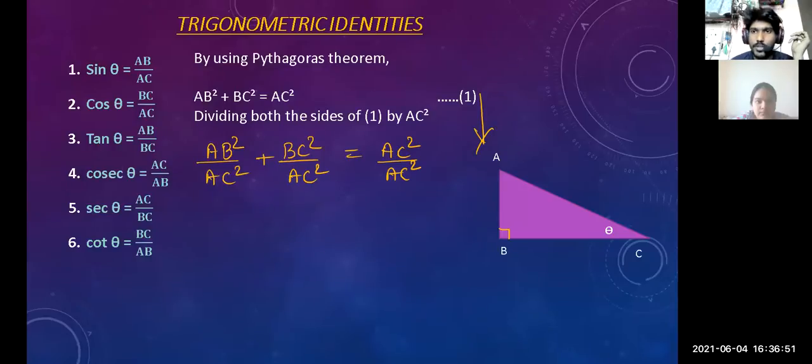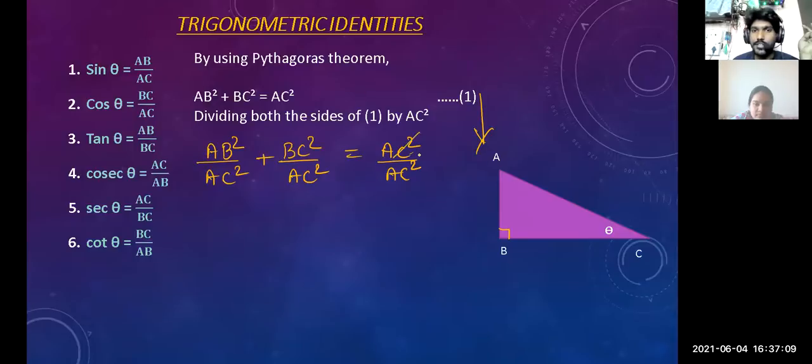First was Pythagoras theorem. Then we just divide both the sides by AC square. So AB square upon AC square plus BC square upon AC square is equal to AC square upon AC square. Is it clear up to here?